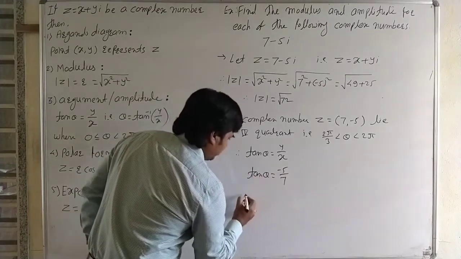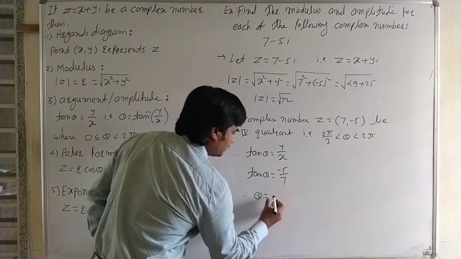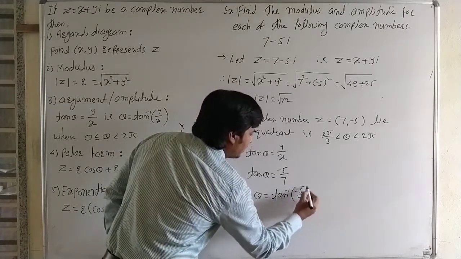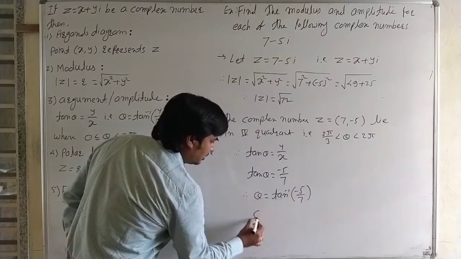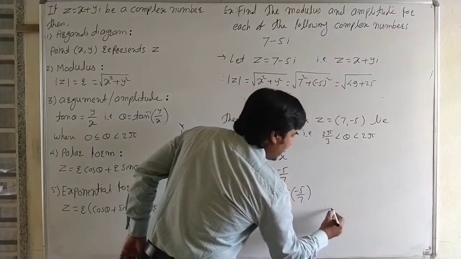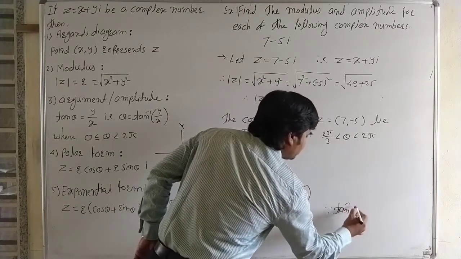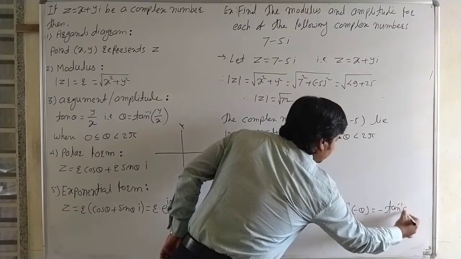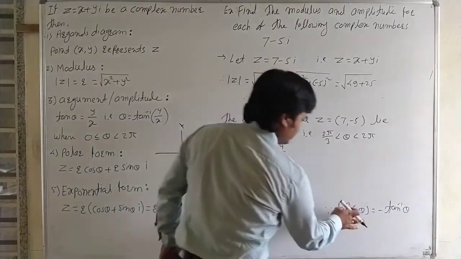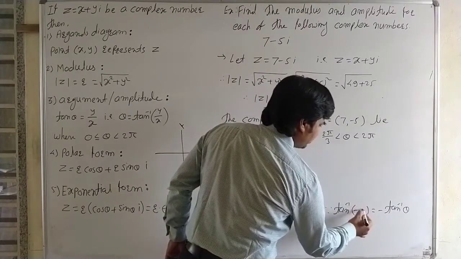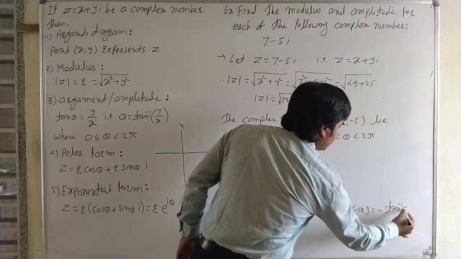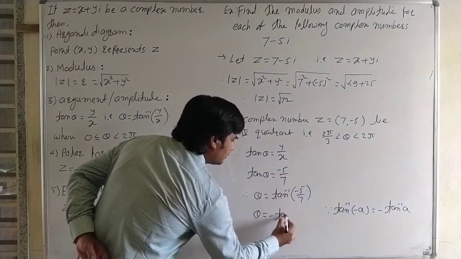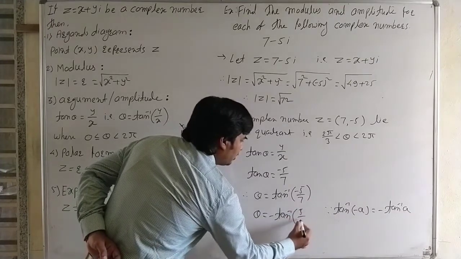Therefore theta is equal to tan inverse of minus 5 by 7, and then we know the formula for the tan inverse, tan inverse of minus a is equal to minus tan inverse of a. Therefore theta is equal to minus tan inverse of 5 by 7.